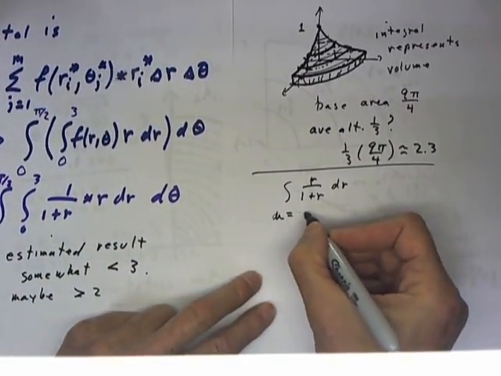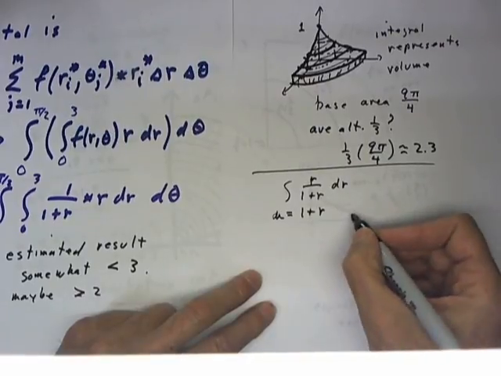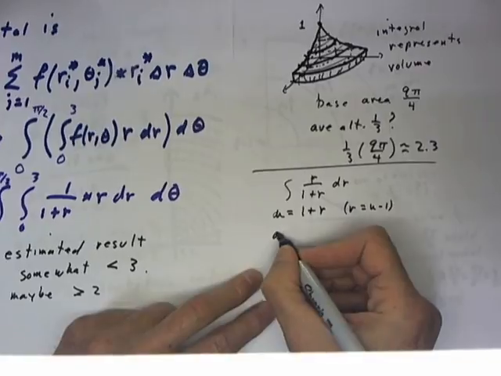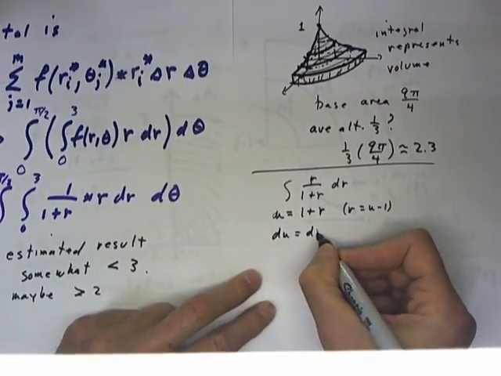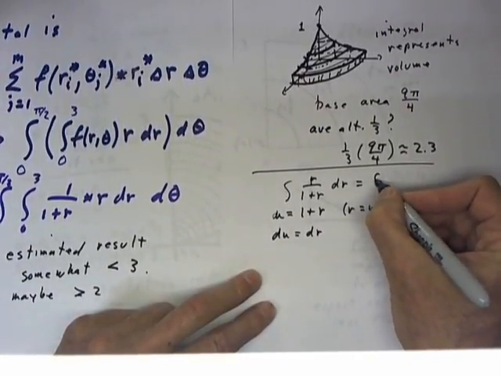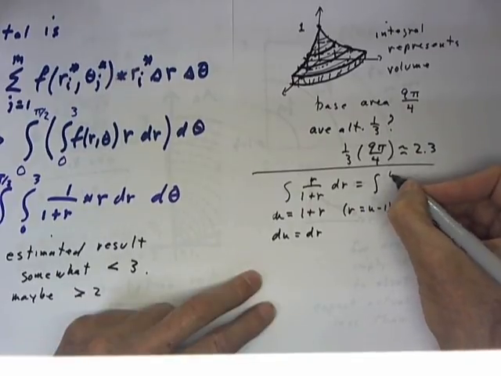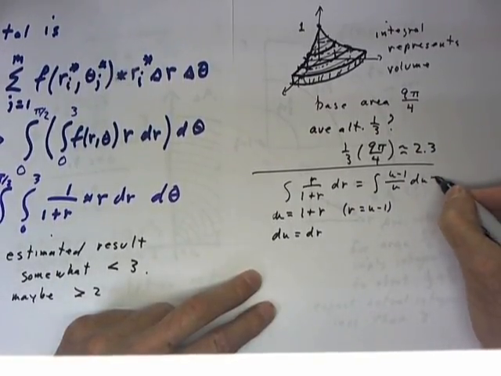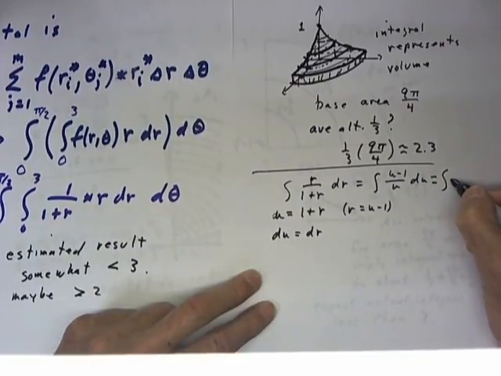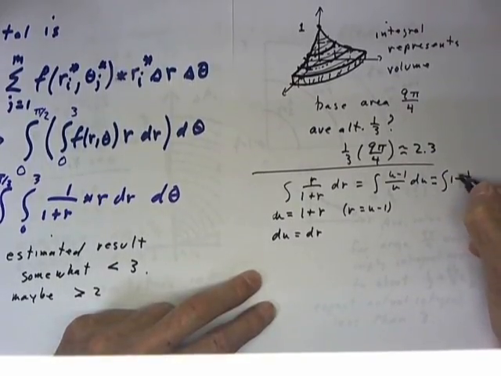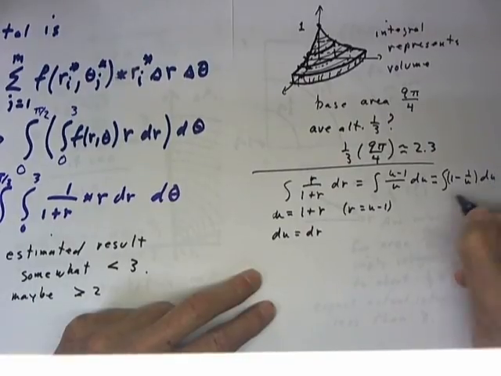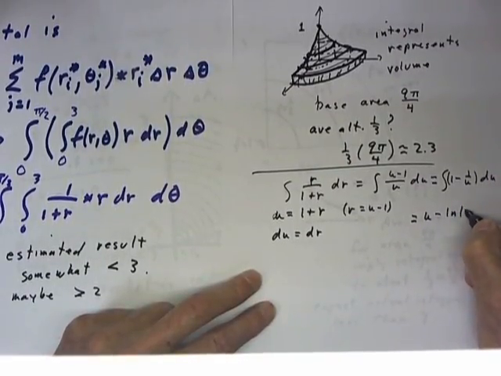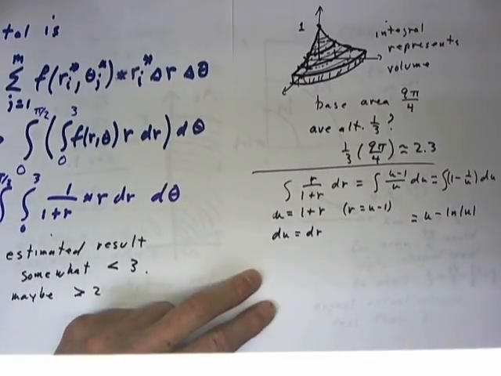We're going to let u equal 1 plus r, so that r equals u minus 1, du equals dr, so this integral becomes the integral of u minus 1 over u du, which is the integral of 1 minus 1 over u du, which is u minus the natural log of the absolute value of u.